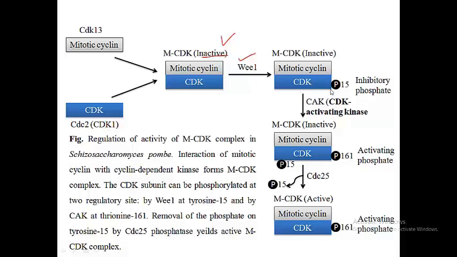That results in the mitotic cyclin CDK complex still being inactive. This tyrosine 15 is an inhibitory phosphate group. To become active, it will again be phosphorylated in the presence of the enzyme CAK. CAK is also known as CDK activating kinase.